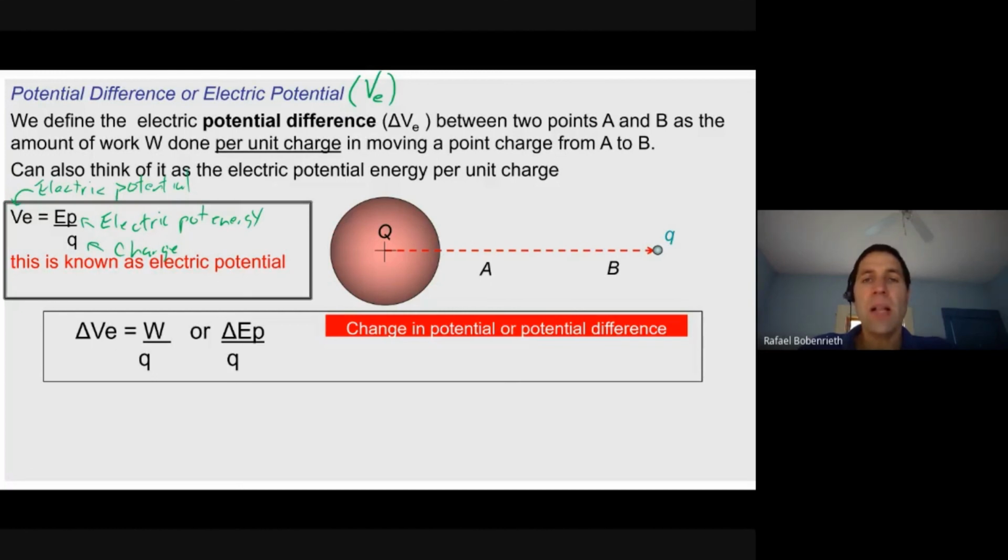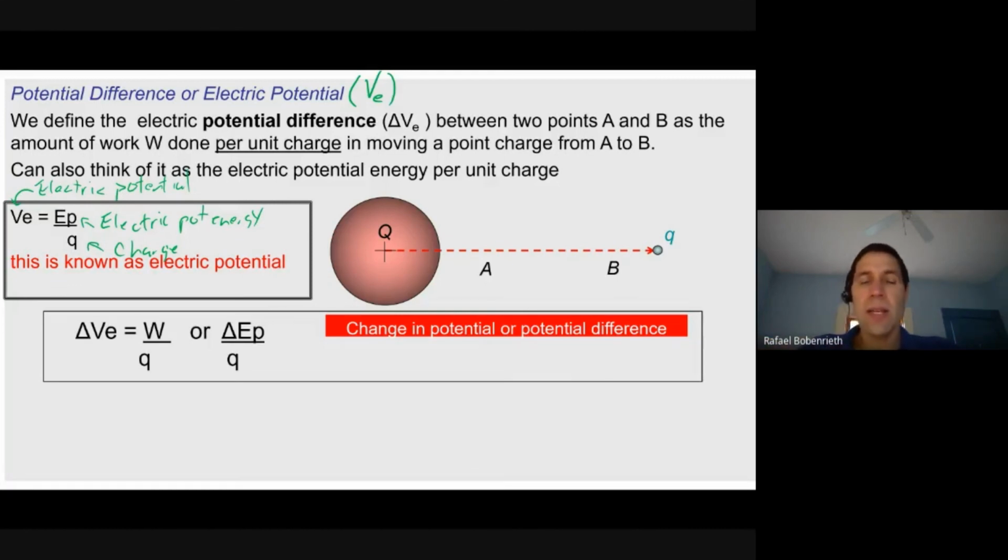And if apples are $2 a pound, the cost, the amount of work required for me to buy those apples is going to be $2. But if the next day I have to buy 2 pounds of apples, and the cost is still $2 per pound, then it's going to be 2 times 2 or $4. So you can think about the electric potential energy as the total cost that I paid.